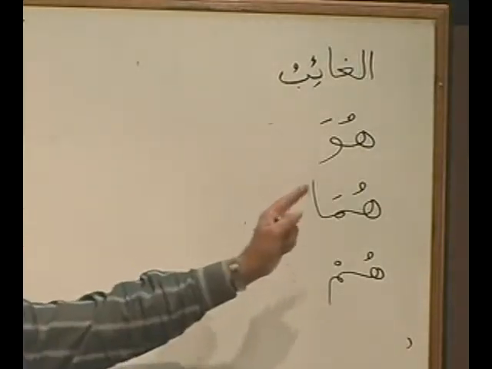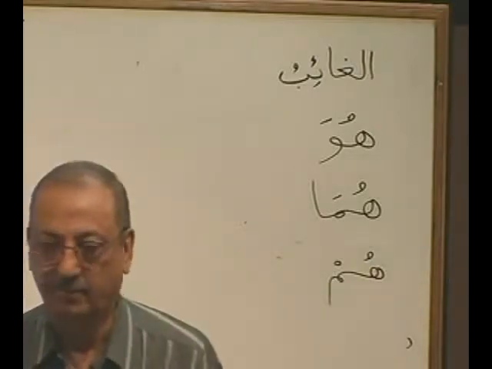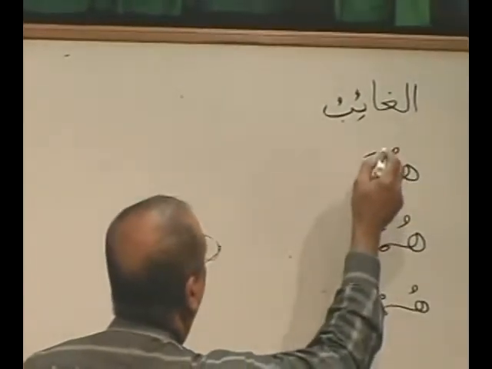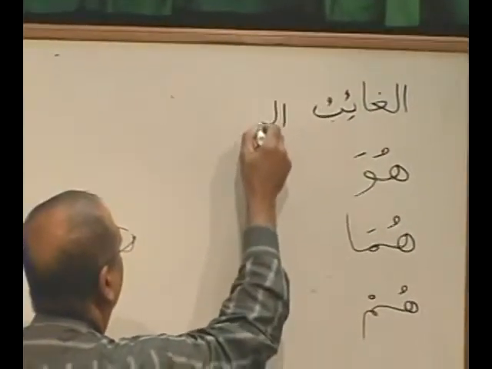So he, they two, and then they. Okay? Now this, as you know, is masculine. We call it muzakkar. And then we come to muannas. Maybe I should write it down here: al-muzakkar. Please write down al-muzakkar next to it.